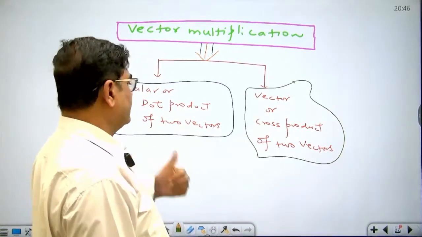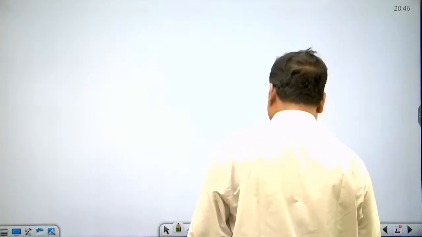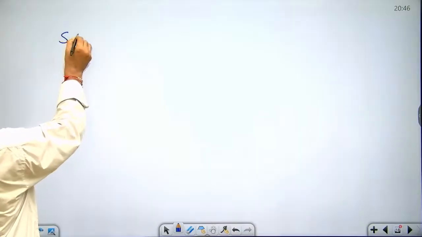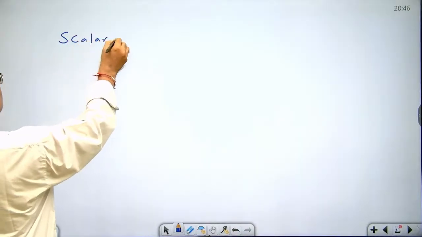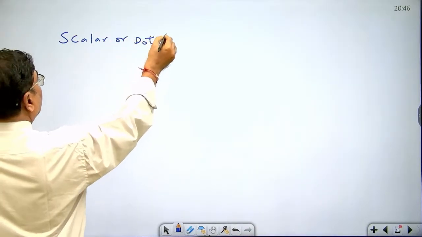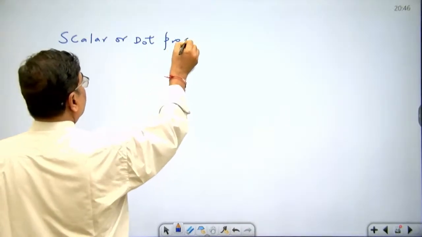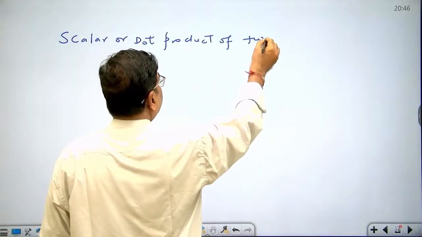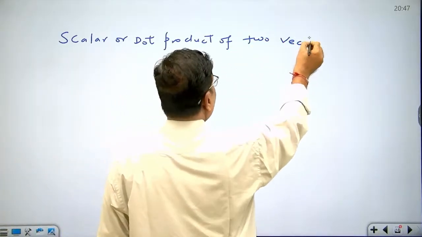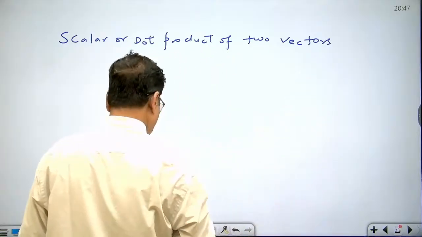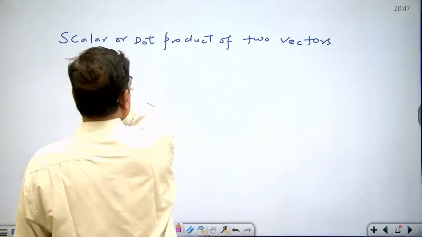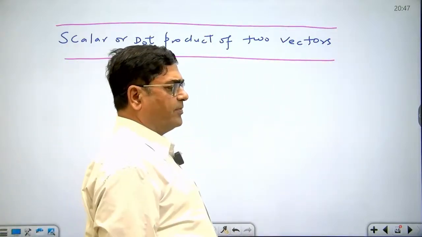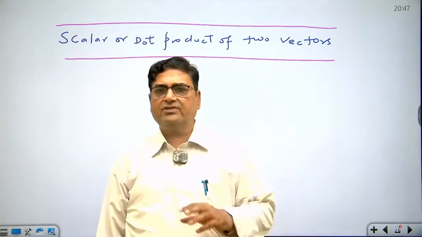Now, dear student, let's see scalar or dot product of two vectors. It is named as dot product because it is represented by a dot. Okay. It is named as scalar product because multiplication of two vector quantities gives us a scalar quantity.